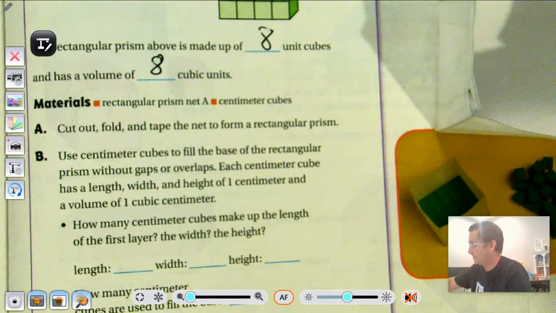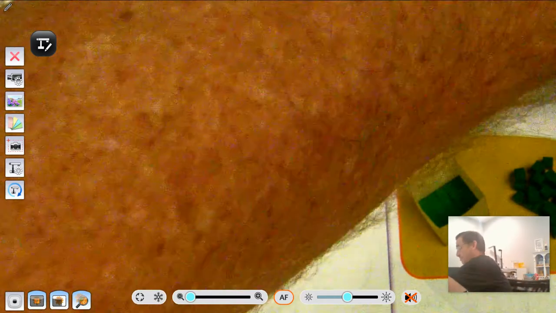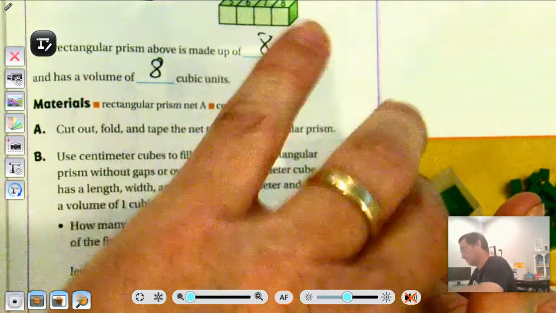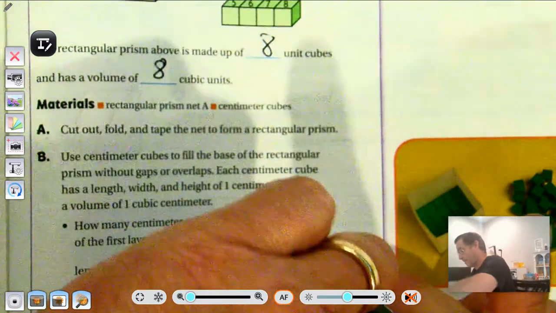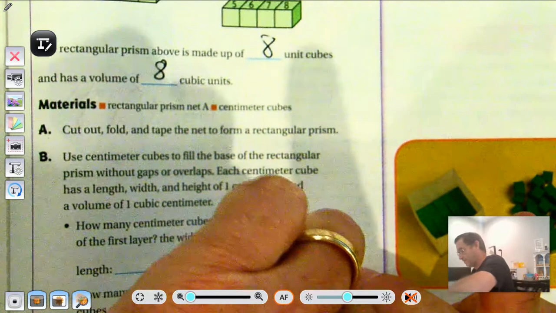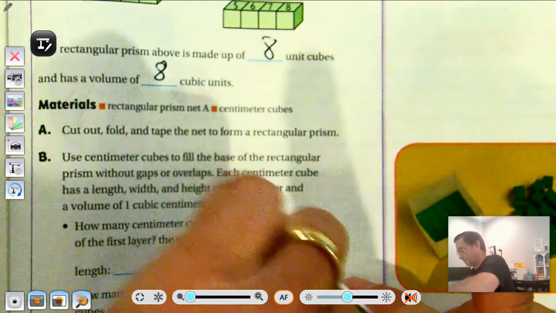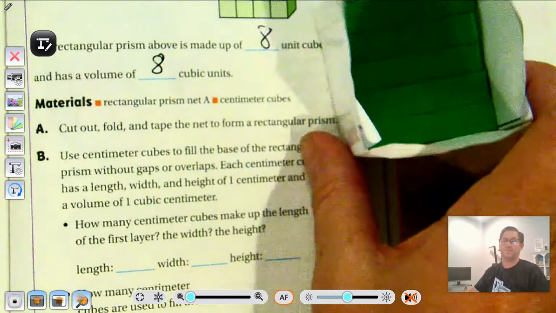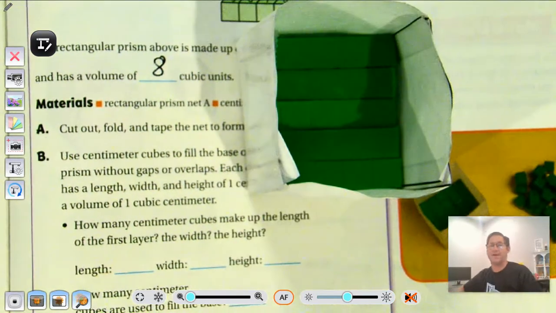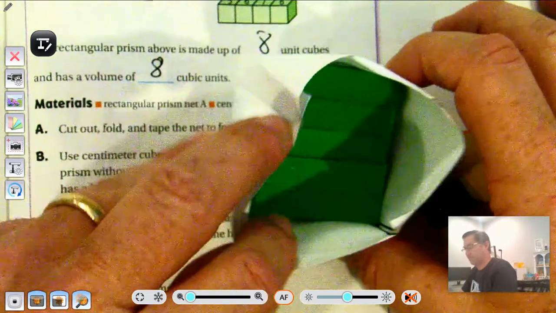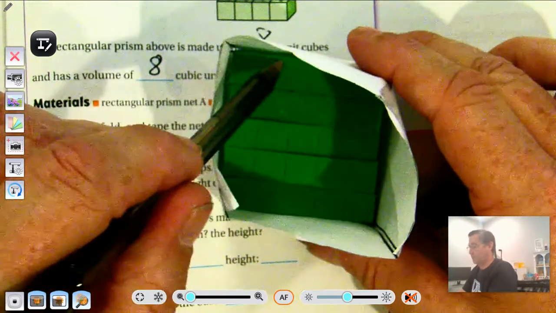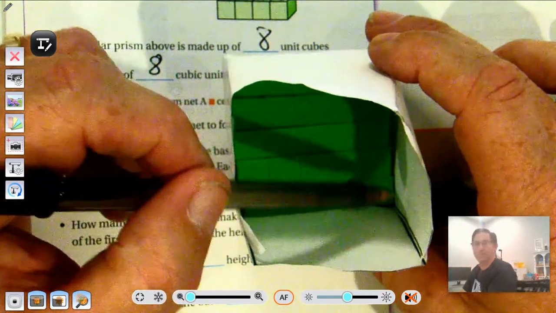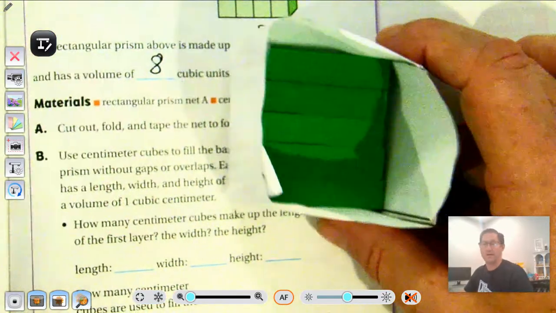So fill in the bottom layer. And so how many do I have? I have 1, 2, 3, 4, 5 by 1, 2, 3, 4, 5, and I only have one layer.